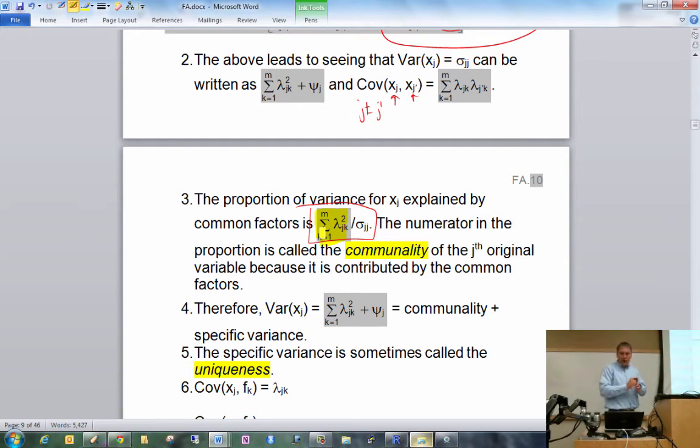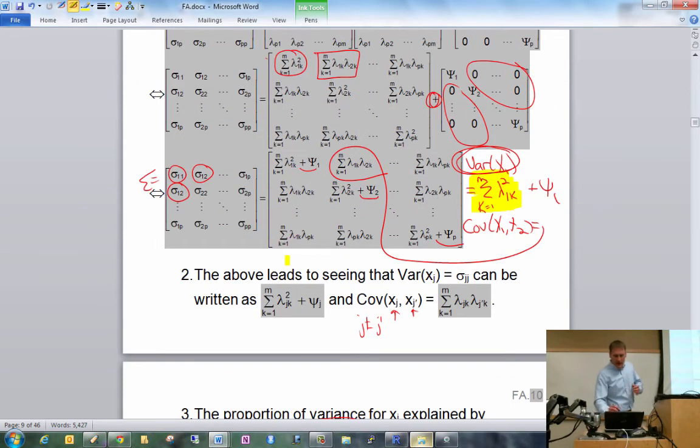Ideally, we would like this proportion to be as large as possible. Because if this proportion is large, then the psi part of this variance is small, meaning that your specific variances are small.